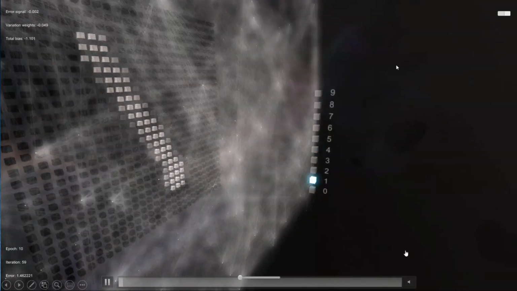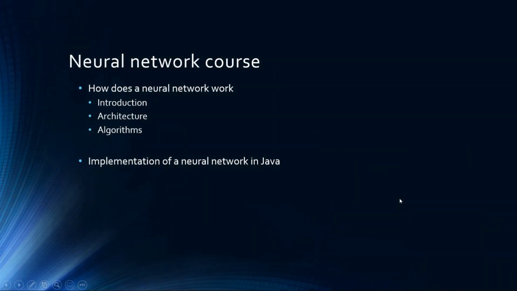So this course will be divided in two main parts. In the first we will be covering the theory of neural networks, and here we will see how they work, what their fundamentals are, and also the algorithms used.